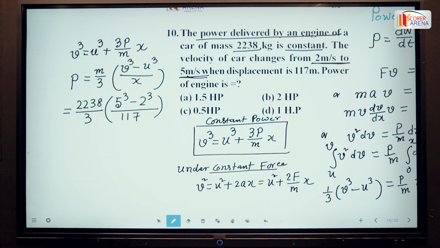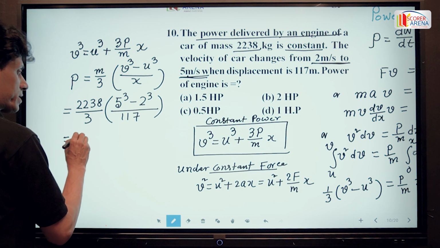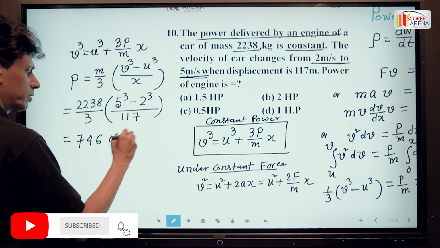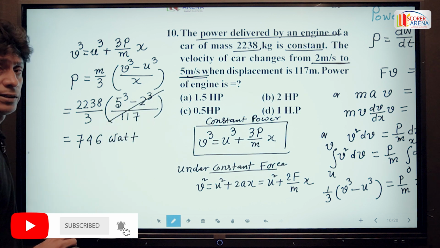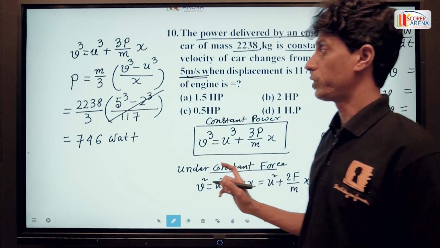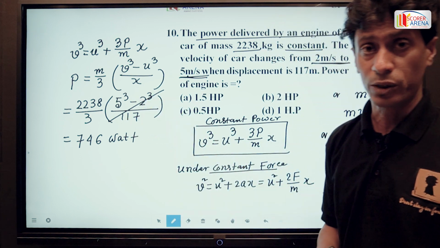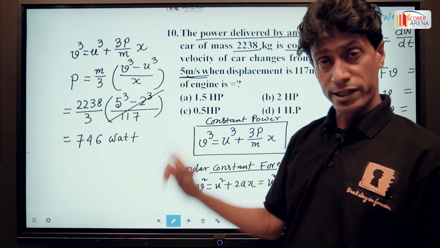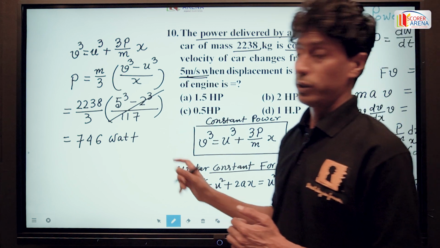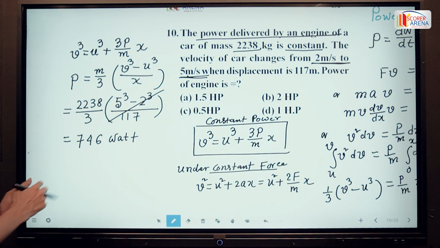On simple calculation, this becomes 746 watt, because 5 cubed minus 2 cubed is 117 and the denominator is also 117, so this part is automatically removed. So the answer is 746 watt.